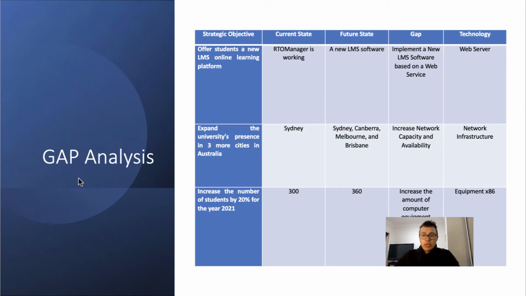It's necessary to implement a newer network infrastructure and analyze the number of computers available, especially in the new cities where the college wants to open sectionals.